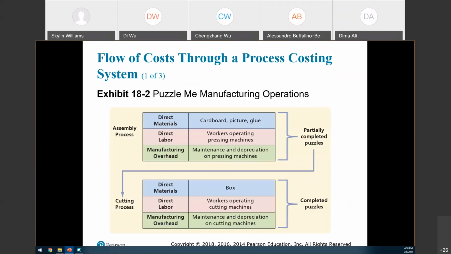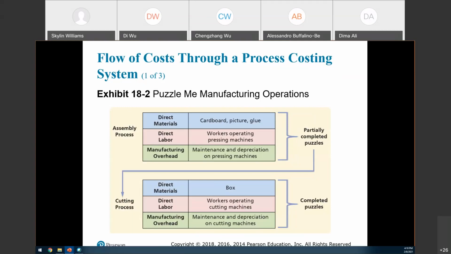To gain an understanding of process costing, in this chapter we will use another fictitious company called Puzzle Me, which manufactures jigsaw puzzles. It divides its manufacturing operations into two processes.